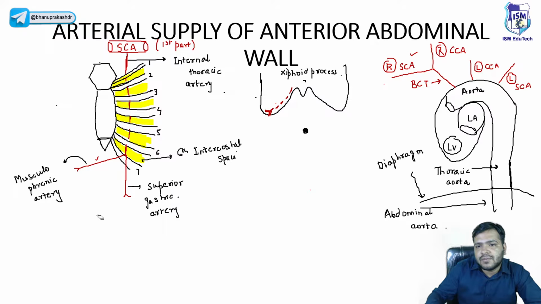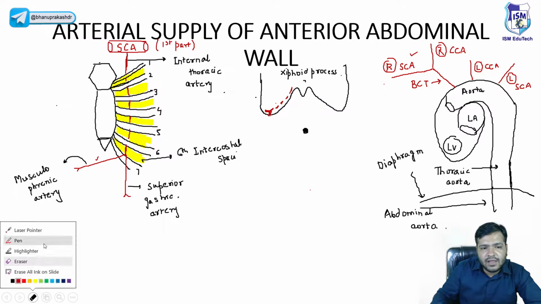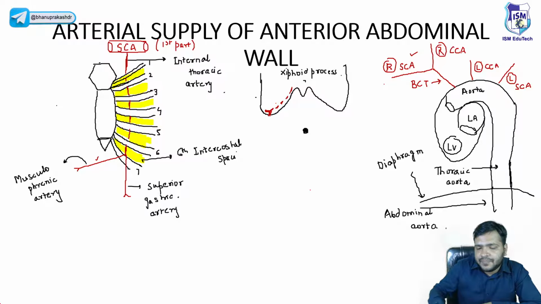And along with that, we have the superior epigastric artery, as the name suggests. I'll draw it a little above because an anastomosis also happens here.